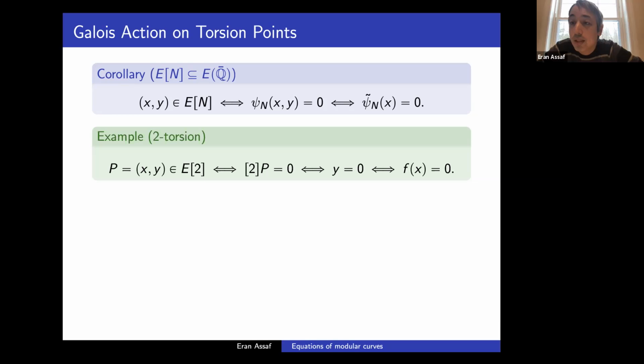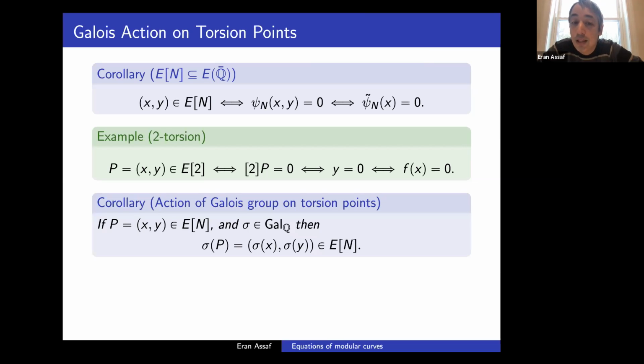And because y squared equals f of x, where f of x is the cubic, then y equals 0 is the same as f of x equals 0. So we get a polynomial condition only on x. So that means that to be a torsion point, x must satisfy some polynomial with rational coefficients, which means that all our torsion points are algebraic.